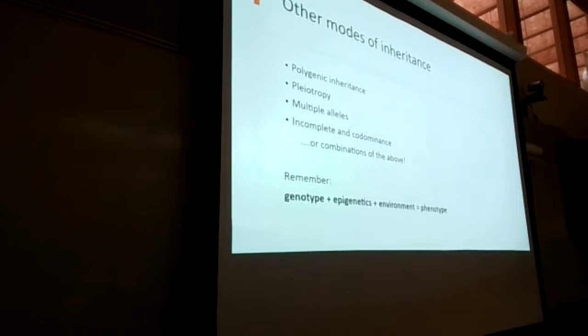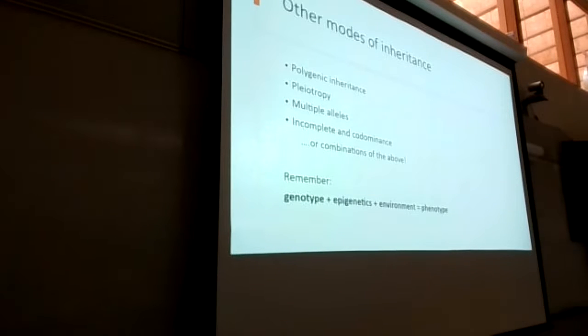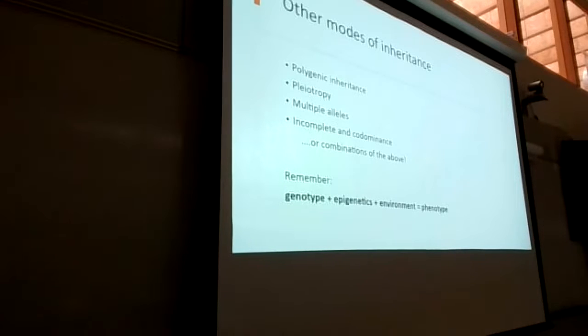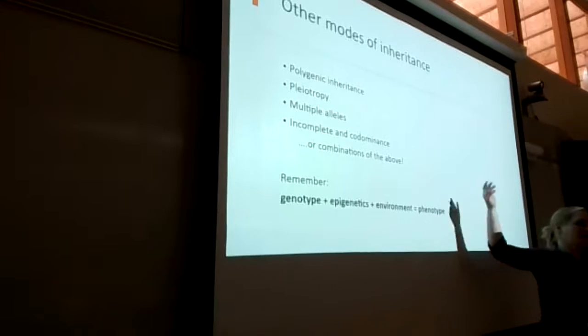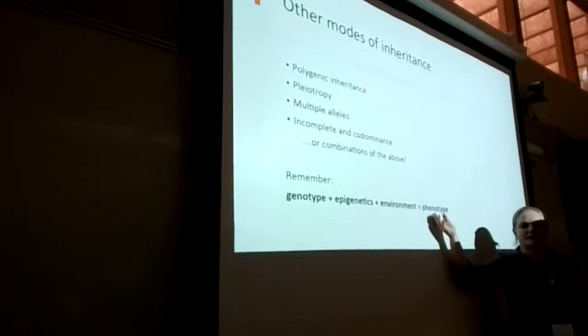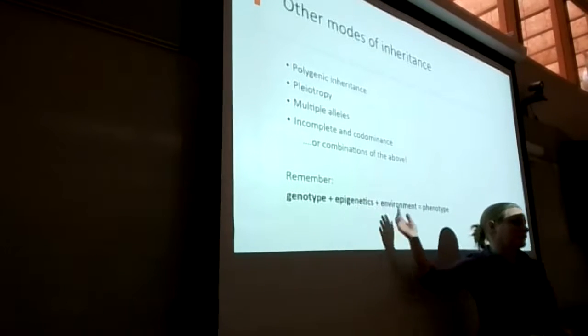Just because we want it to be simple, we want there to be 2 choices for seed coat color or plant height or whatever. The real world is far more complicated than that. If we are interested in understanding why things express the traits they do, we need to understand and be able to control for these other factors.